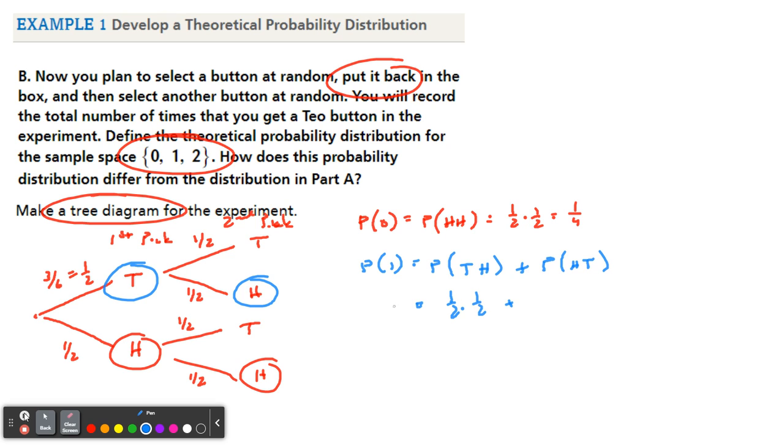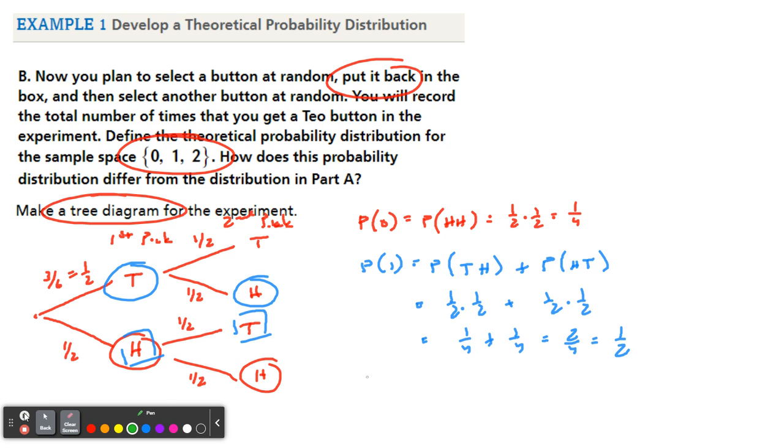The probability of getting a Henry and then a Teo would be this route and then this route. So that again is 1/2 times 1/2. So this is 1/4 plus 1/4, which is 2/4, which is 1/2. So there's the probability of getting a 1.